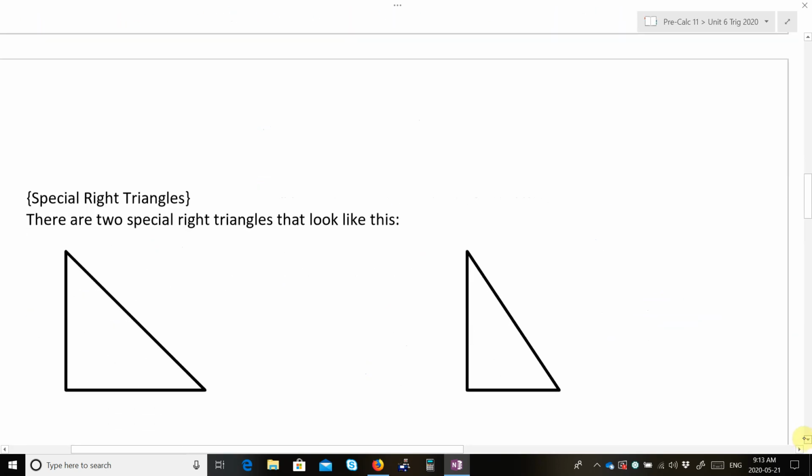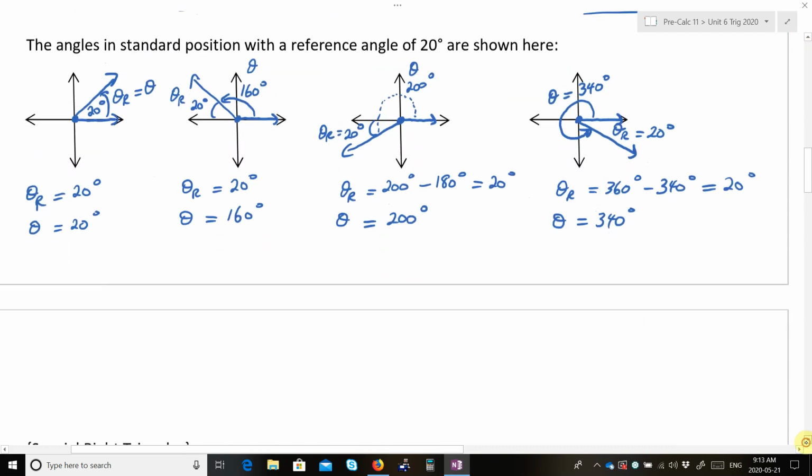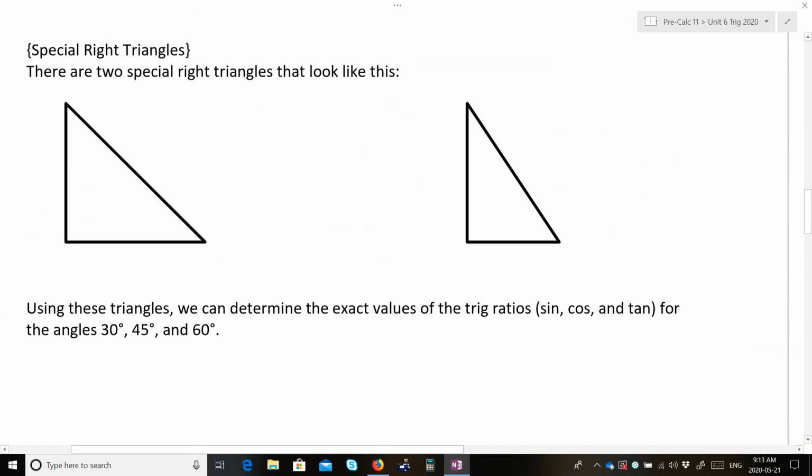Okay, so that brings us to some special right triangles. There are actually two special right triangles that look like this. There's one that comes from a 1 by 1 square. Here's where our 90 degrees is. And just imagine if this side was 1 unit in length and this side was as well.